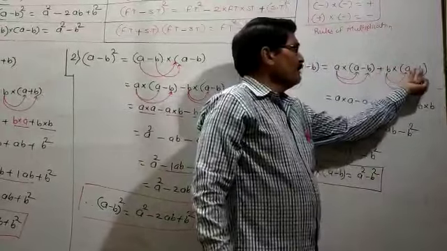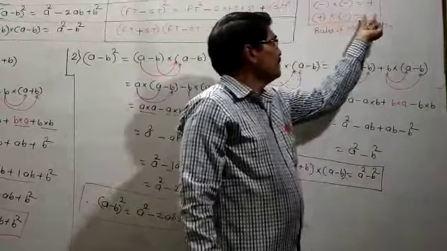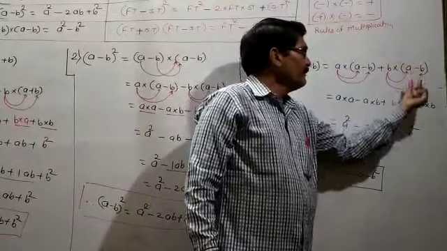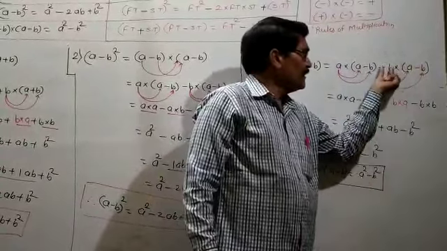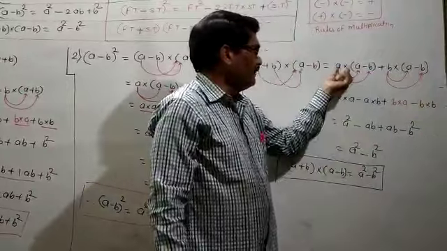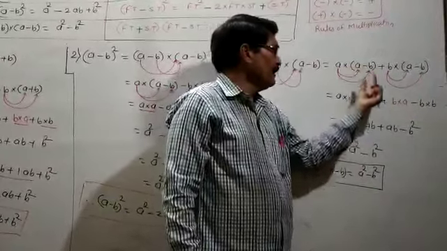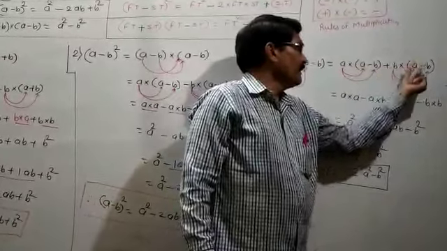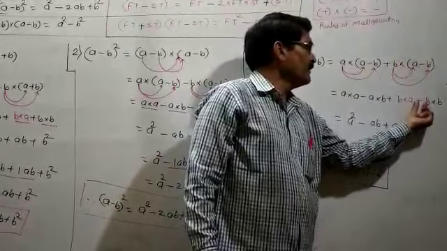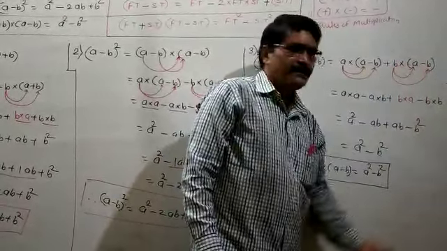Plus multiplied by minus is equal to minus. Here b multiplied by b, so a multiplied by a minus a multiplied by b plus b multiplied by a, plus multiplied by minus is equal to minus b multiplied by b.